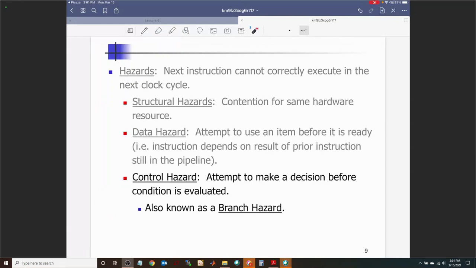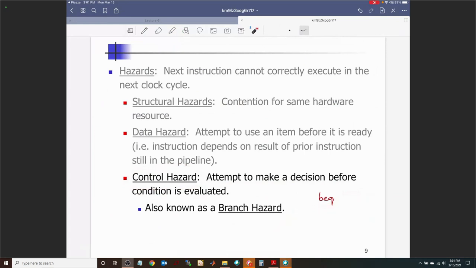hazard detection unit. Now let's focus on the control hazard, which is a result of making decisions. So when you attempt to make a decision before the condition is evaluated, right? So think about the branch when equal instruction. When you are executing a branch when equal, you are comparing the results of one register with the other register, and depending on whether they are equal or not, you are either going to the next instruction, or you are jumping to a branch destination.